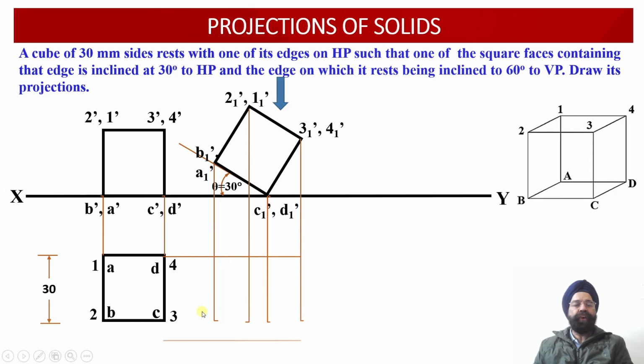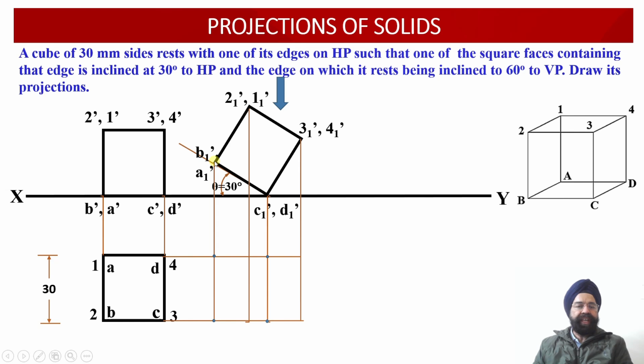So let us first of all evaluate the points of intersection. Now we can see here we have got the points of intersection corresponding to the base points, that is A1 dash, B1 dash, C1 dash and D1 dash.